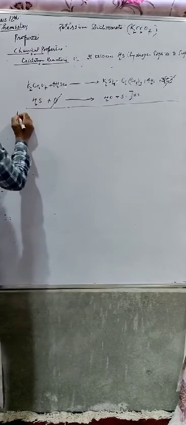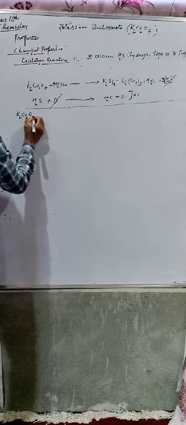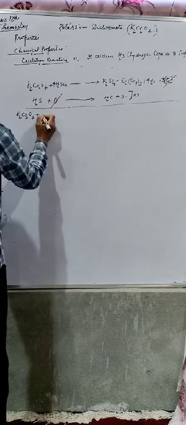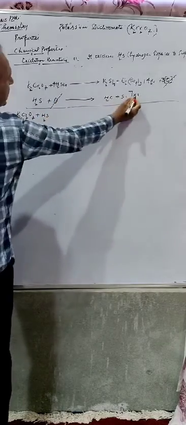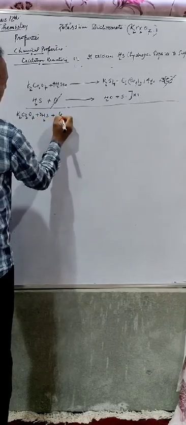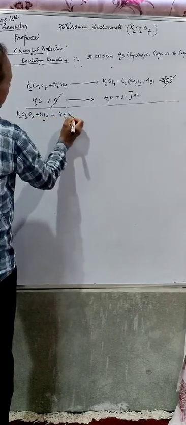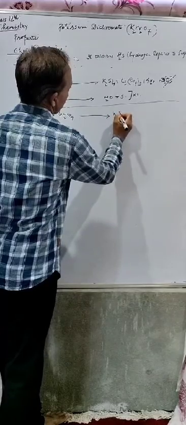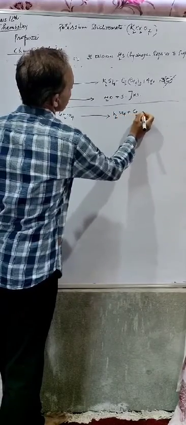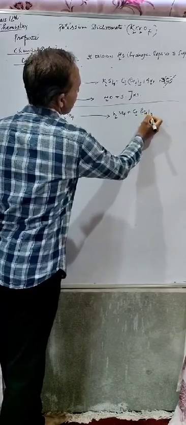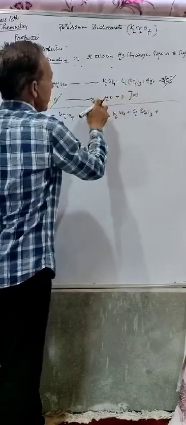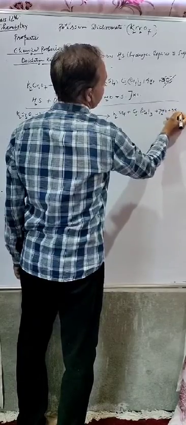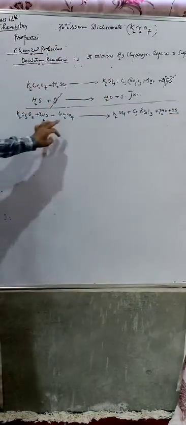So the overall reaction will be K2Cr2O7 plus 3 times H2S plus 4 times H2SO4 gives K2SO4 plus Cr2(SO4)3 plus 4 times water and 3 times water, 7 times water plus thrice S. This way the hydrogen sulfide is oxidized to sulfur.